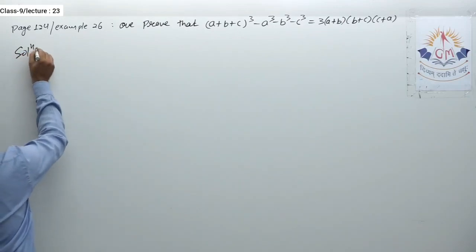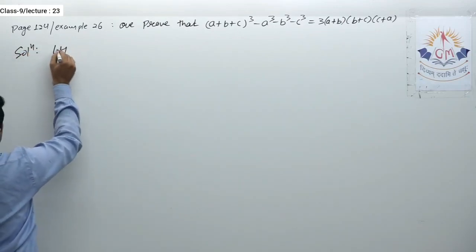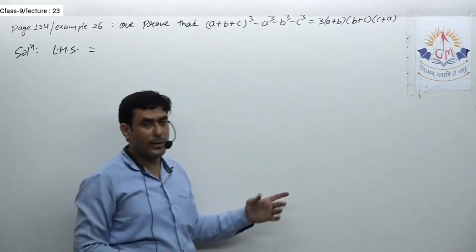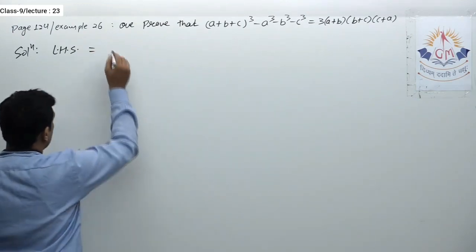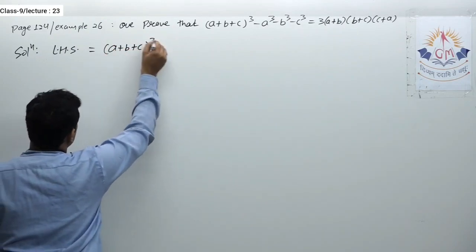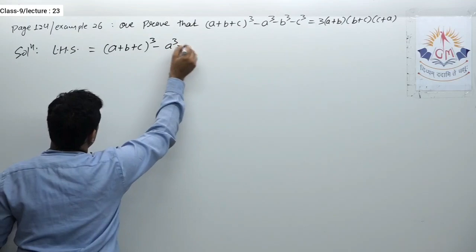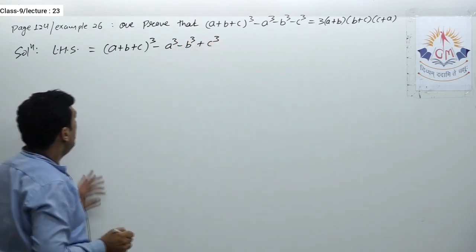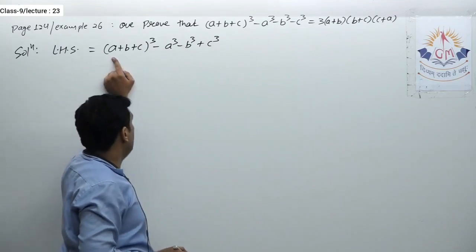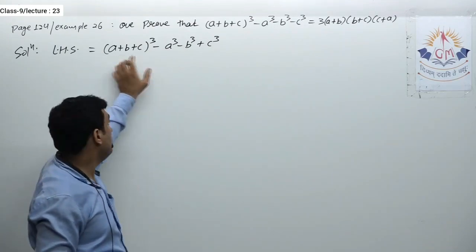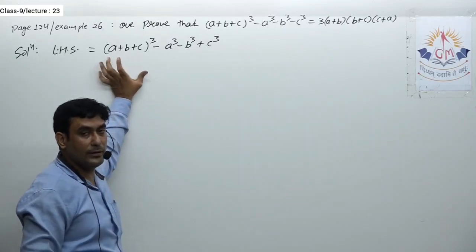Whenever you have to prove something like this, you have to start either from the left hand side or from the right hand side. So here I am starting from the left hand side, that is (a + b + c) whole cube minus a cube minus b cube minus c cube. Now, we do not have any identity for the cube of a trinomial.